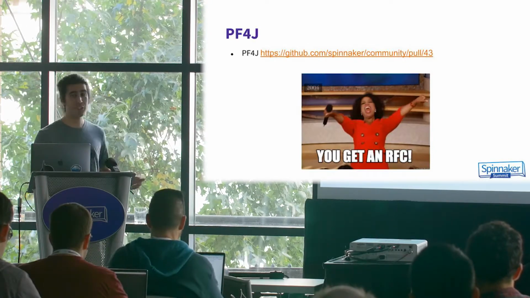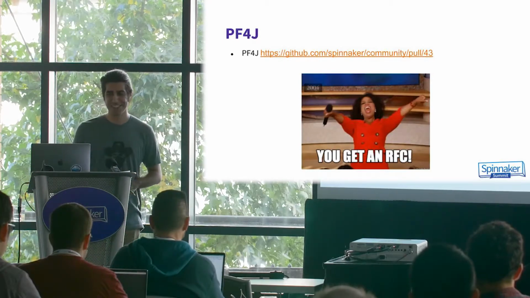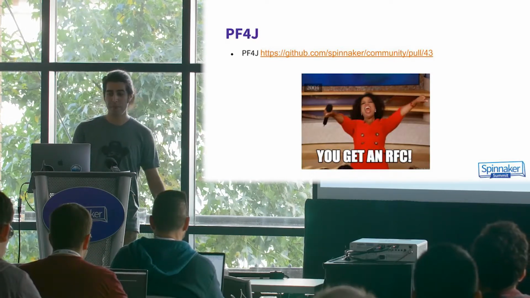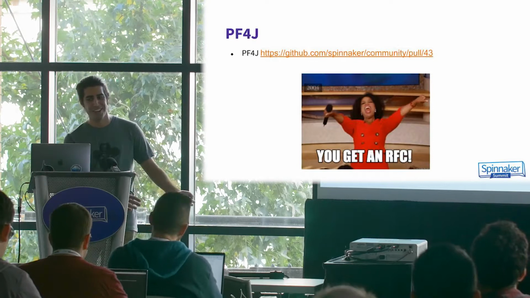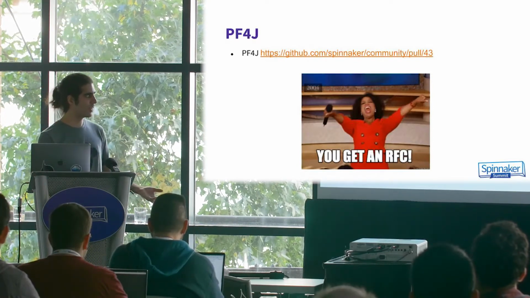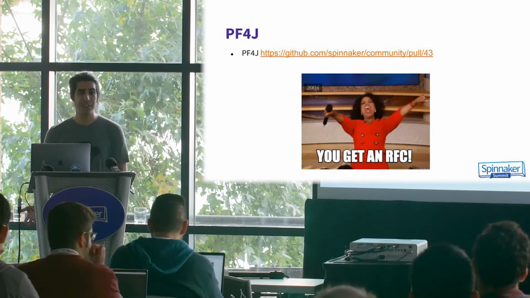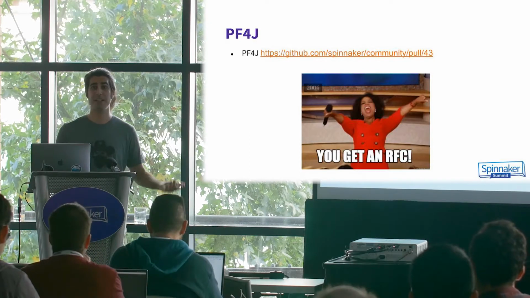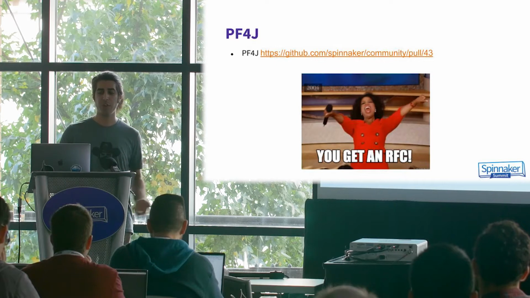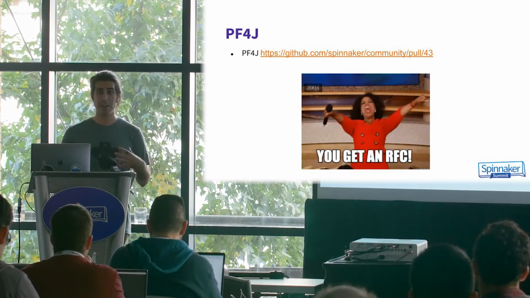What PF4J does is it requires well-defined extension points. This helps lower the barrier of entry. You need to just implement the interface, and you don't have to worry about accidentally trampling other pieces of code. Again, extension points are well-defined interfaces, and part of the point here is to lower the barrier of entry.